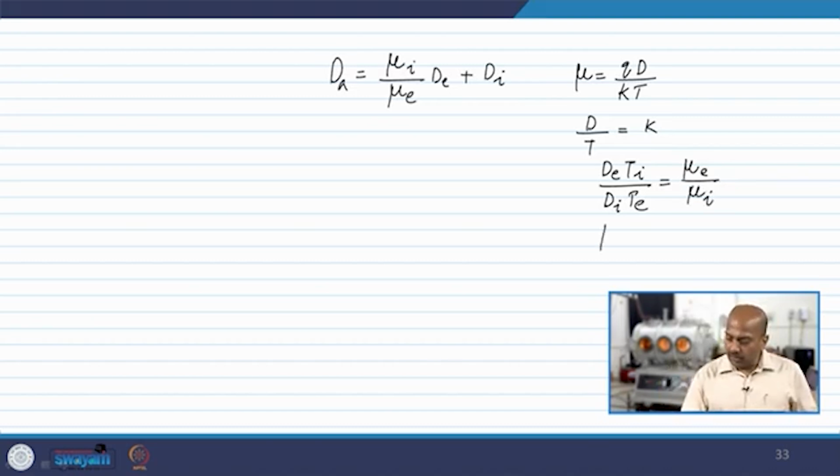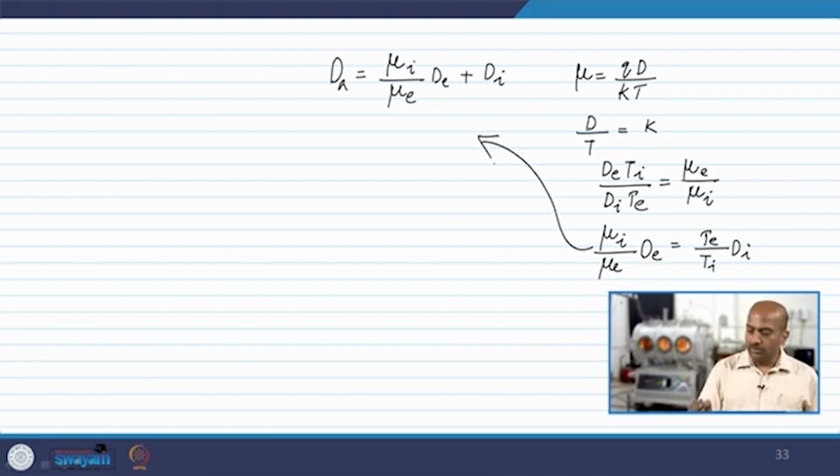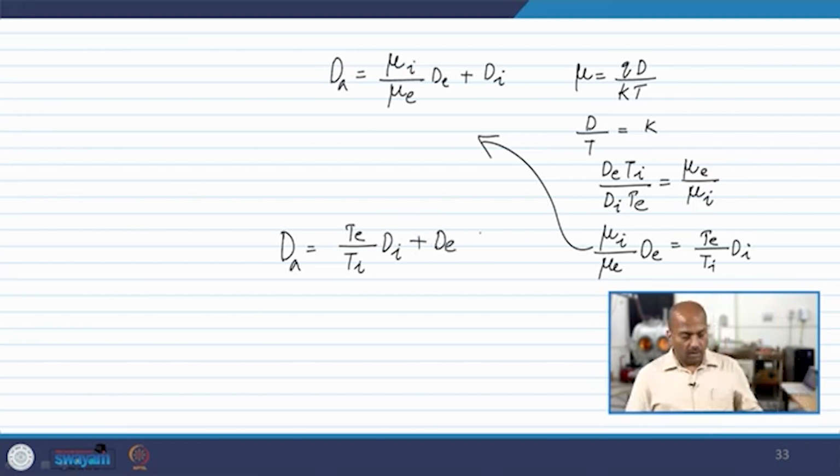So, from this we can get this ratio of mu I by mu E, rearranging the terms, as Te divided by Ti times dI. So, we can bring this here and write the ambipolar diffusion coefficient as nothing but Te divided by Ti times dI plus dE. So, we have dI.